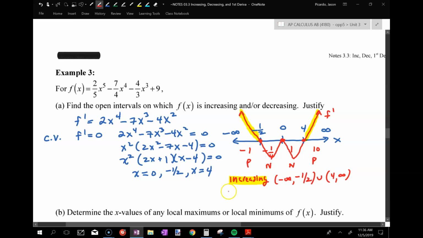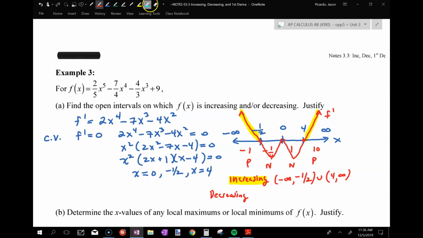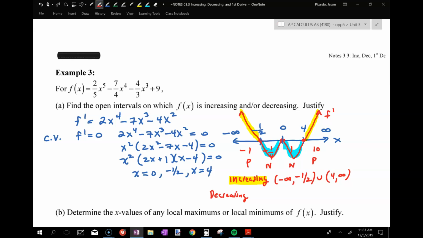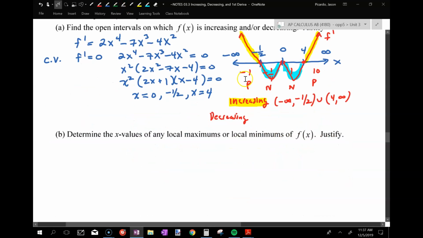And then where is this decreasing? Well, it's decreasing here. How do I write that one? That's kind of a tougher one to write.